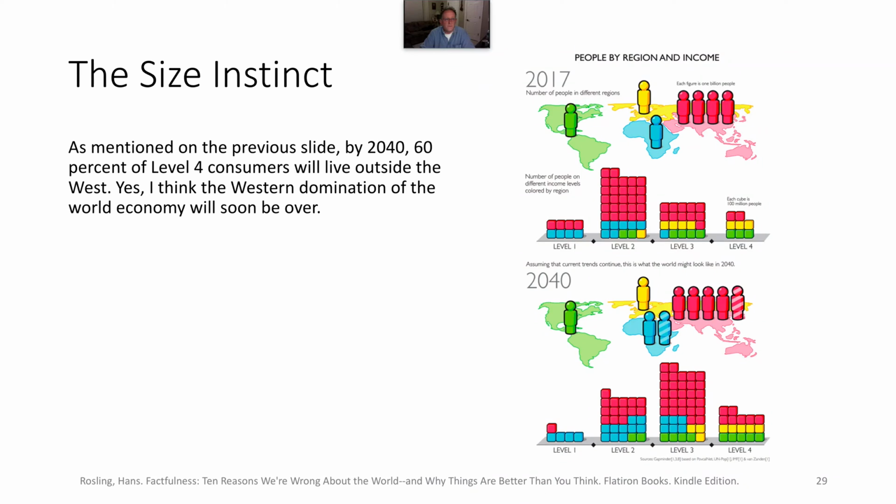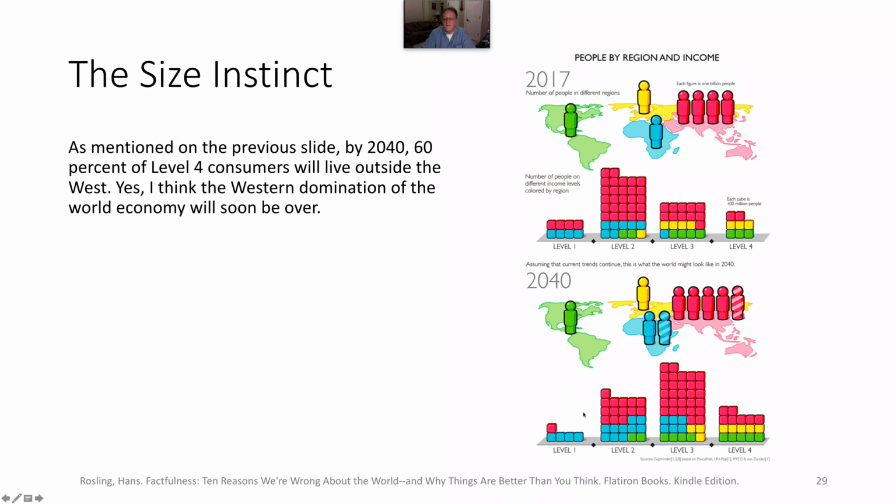Last thing, the shift that's going to occur in the world and where people are going to be. You'll notice that we started off in level 4 in the upper right-hand corner here with 800 million on level 4 and 800 million on level 1. The good news is, as you can see, in 23 years that's going to fall by 300 million people.